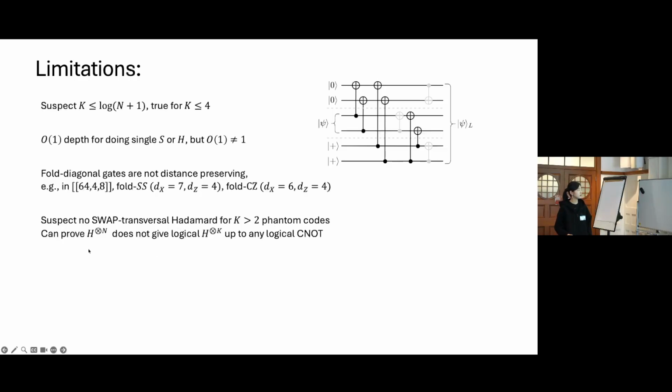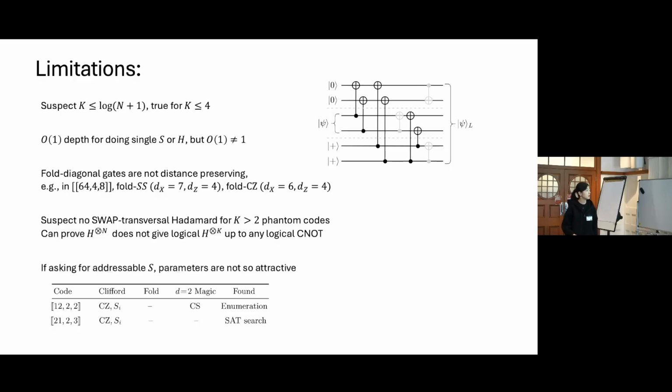For example, what if you do not address every physical qubit here, you only address a subset of them. And here, this logical CNOT will be a permutation. And what if you are allowing a permutation that is not a valid logical? Those kinds of subtleties need to be clarified in the future for this no-go.